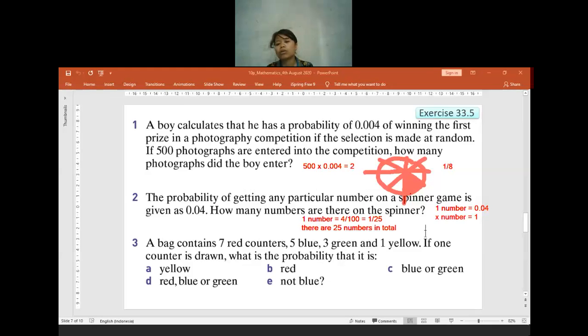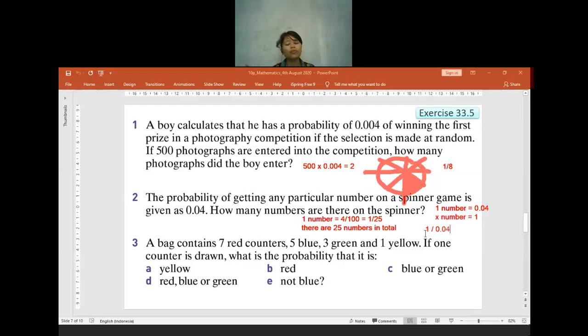Or, if you do not want to make it into a fraction, you can just use a calculator: 1 divided by 0.04 equals 25. Is there anyone having any difficulties or getting confused? You can do 1 divided by 0.04, because a full probability equals 1 and one number is 0.04.